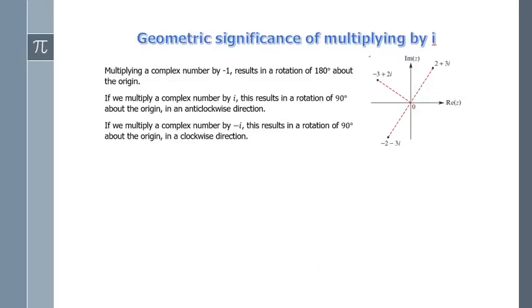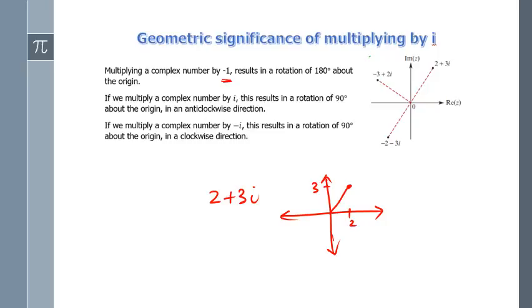Okay, there's something significant that happens when we multiply a complex number by a negative, or by a negative i, or by a positive i. If we multiply a complex number by -1, if I had 2 plus 3i and put that in the complex plane, I would go across 2 and up 3.